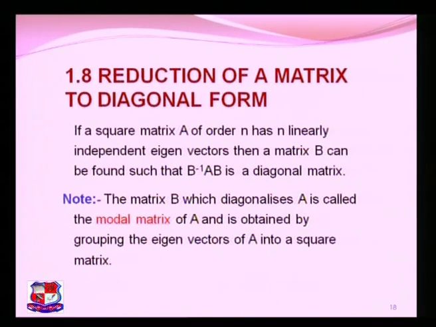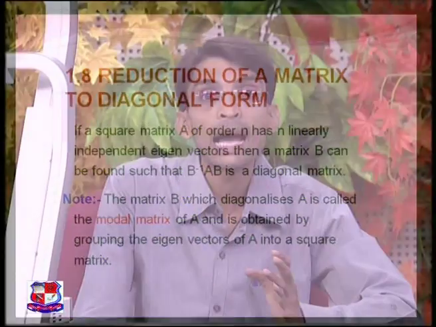If we have the eigenvectors of A, we all know how to find the eigenvectors for any matrix. If we have the n linearly independent eigenvectors for any matrix A, and we arrange all those vectors column-wise, then we can find the model matrix B, right?